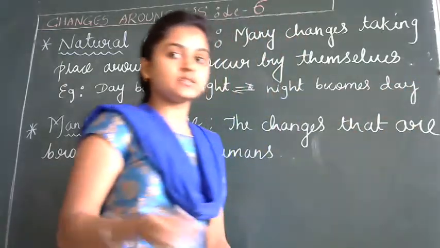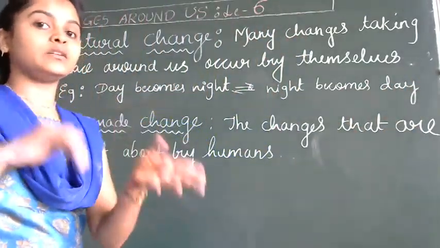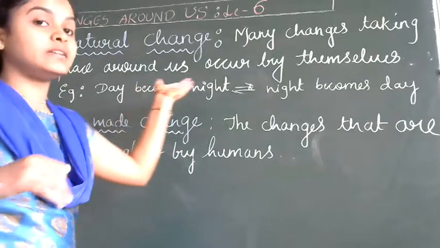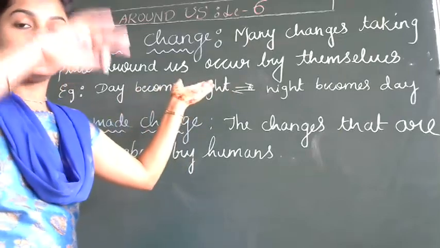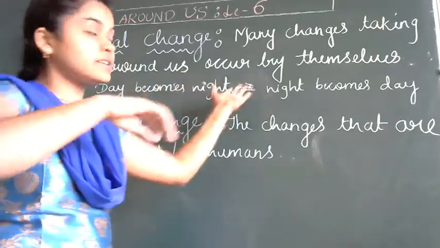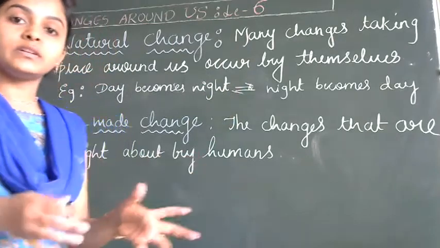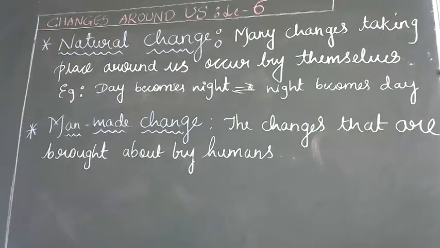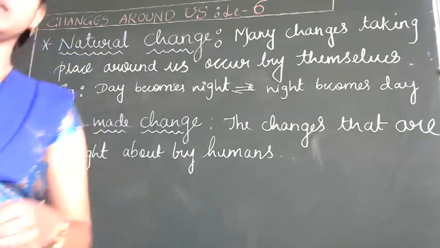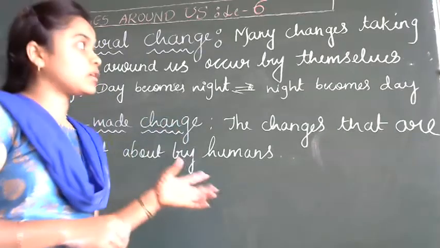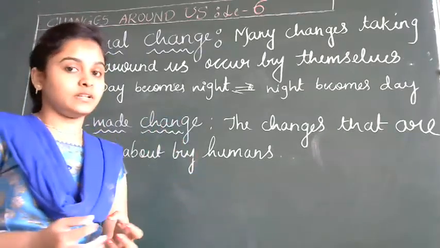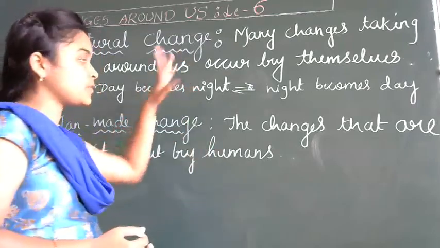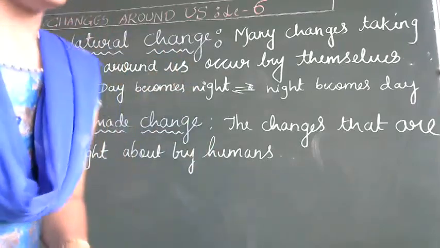You cannot change night into day or day into night. Day itself is changing into night. Again the night itself is coming into day. So this is also one kind of natural change. So natural change is a change that occurs by itself. That type of change we call a natural change.